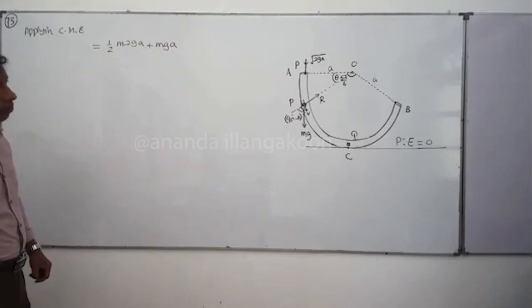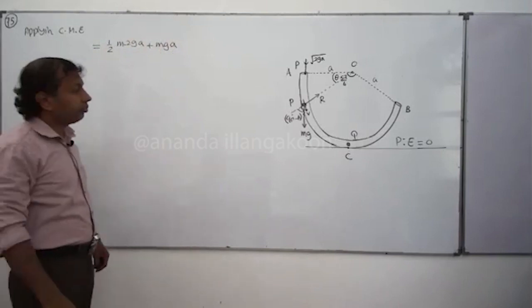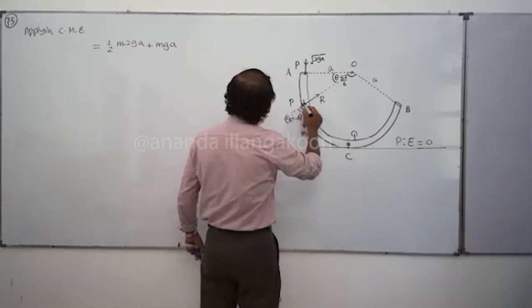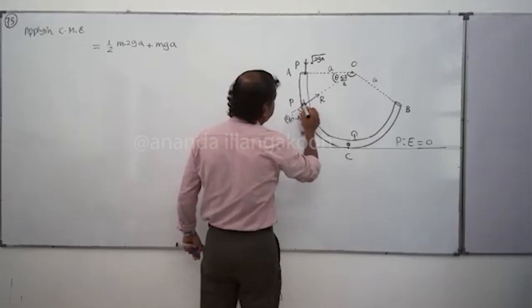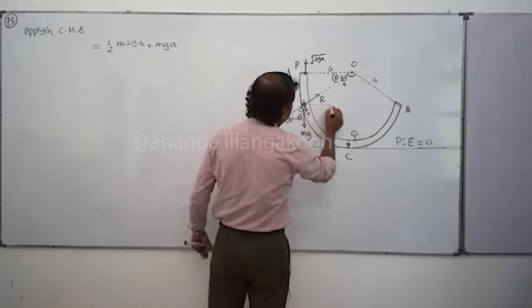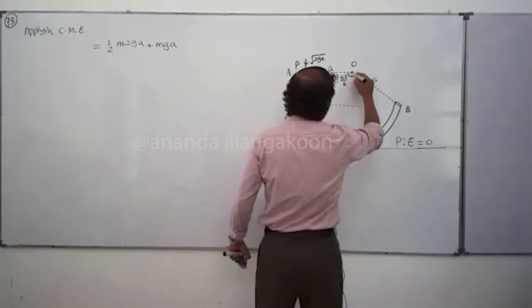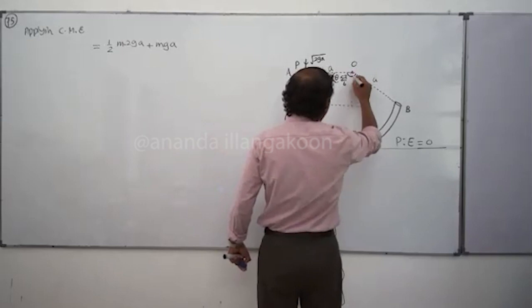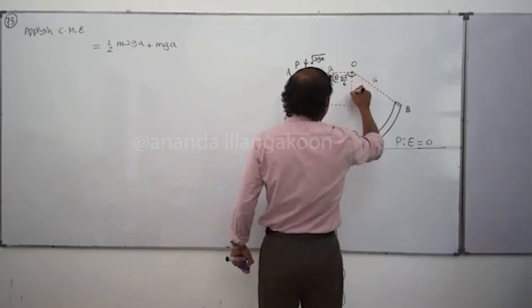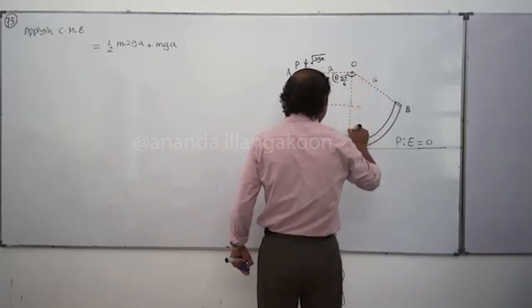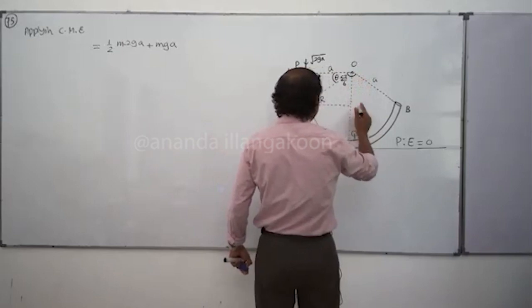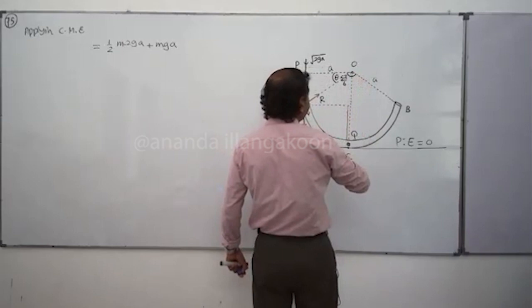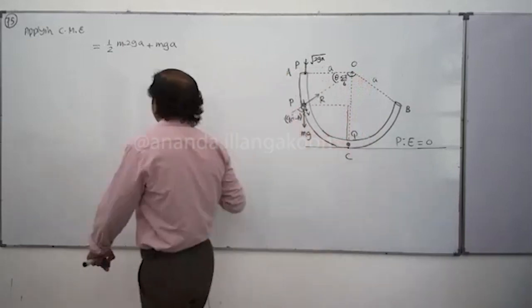At this level, the kinetic energy is half mv squared.